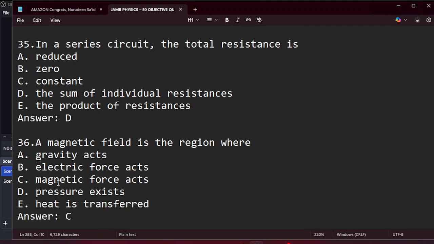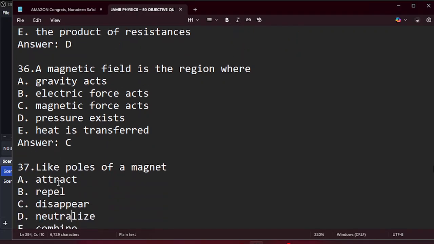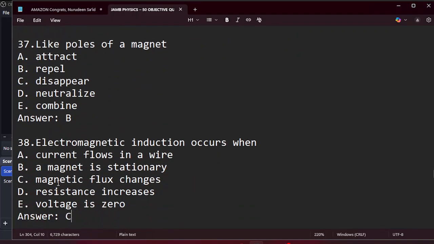Question number 36. A magnetic field is a region where A, gravity acts, B, electric force acts, C, magnetic force acts, D, pressure exists, E, heat is transferred. The answer is C, which is magnetic force acts. Question number 37. Like poles of a magnet, A, attract, B, repel, C, disappear, D, neutralize, E, combine.